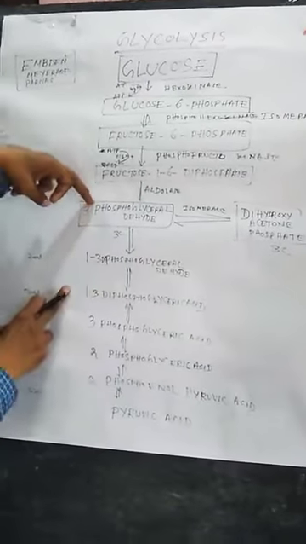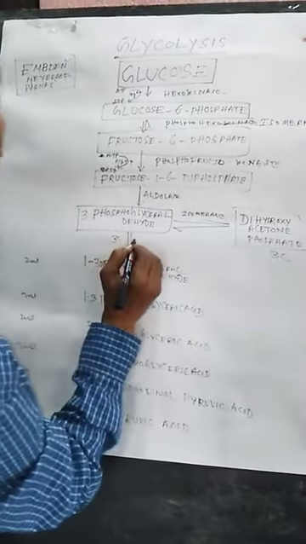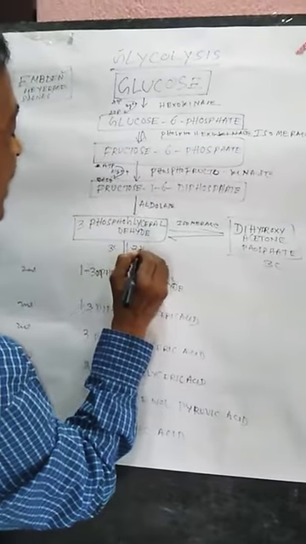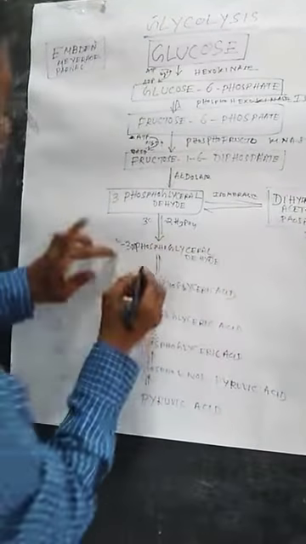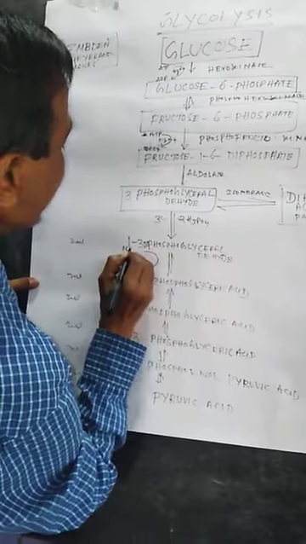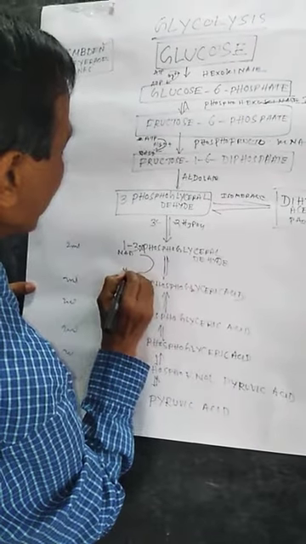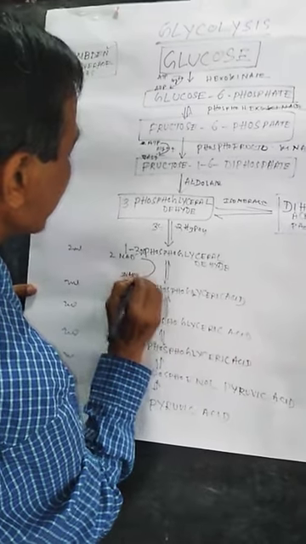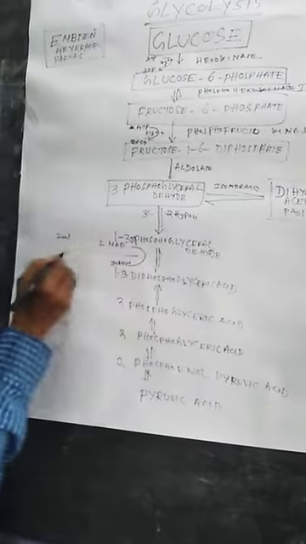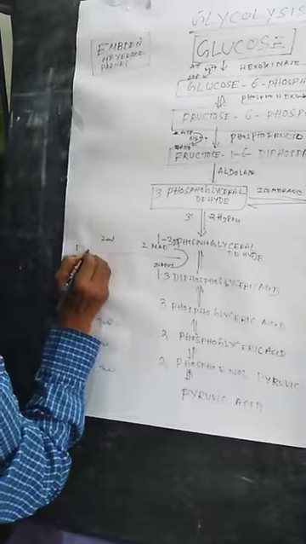Then 3-phosphoglyceraldehyde goes to 1,3-diphosphoglyceraldehyde, with the addition of H3PO4. At this point NAD goes to NADH plus H+, which goes to the electron transport system.